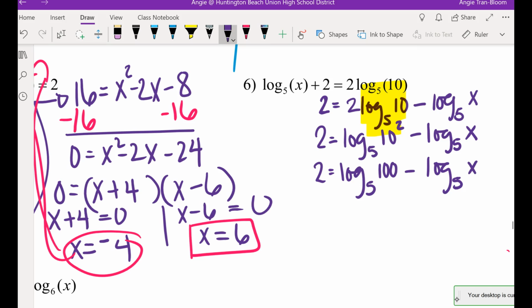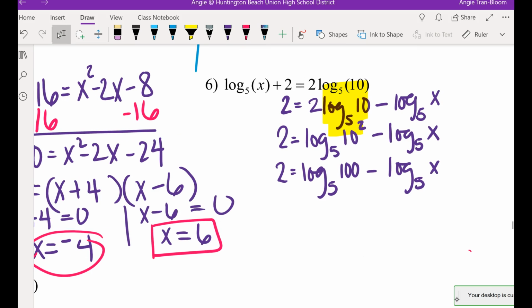How do we condense that? Divide. So 2 equals log base 5 of 100 over x. How do you solve this?